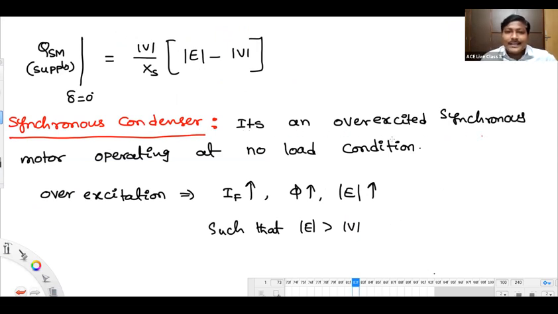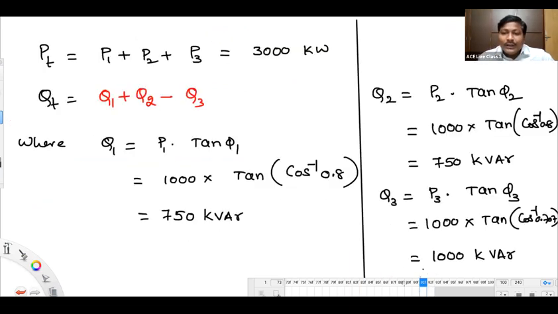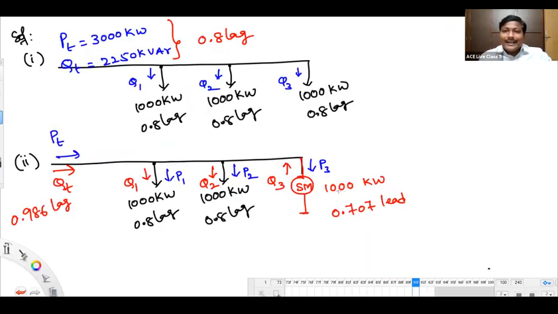It's an overexcited synchronous motor operating at no load condition. But right now, the machine we are using here is experiencing some mechanical load, right? So it won't be called a synchronous condenser, and it's going to be called a synchronous phase modifier.